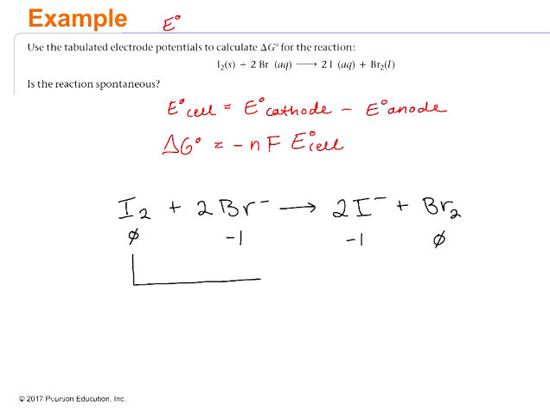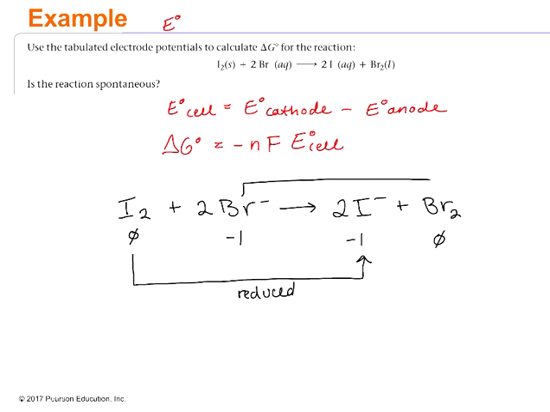If we just look at iodine, the oxidation number changes from 0 to -1, so is that a loss or gain of electrons? It's a gain of electrons, so is it oxidized or reduced? Reduced.